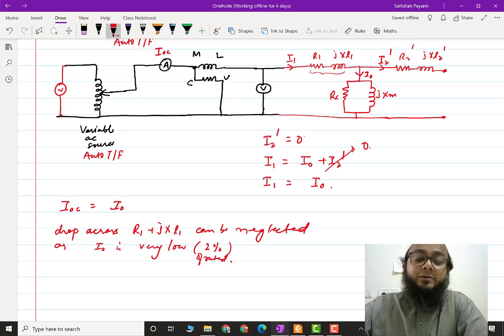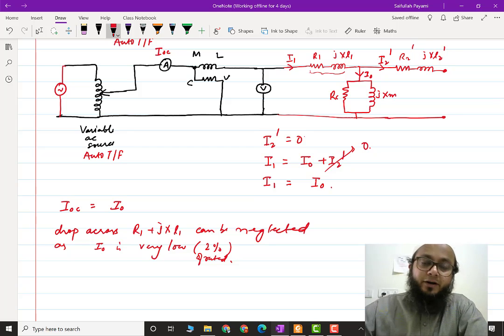And because of that, you can think of resistance, right? At the low voltage side, the voltage depends upon the number of turns. So for the low voltage side, the number of turns would be lower as compared to the high voltage side. Okay, so this R1 and jXL1 depend upon the number of turns. Resistance depends upon the length of the wire, and length of the wire depends upon the number of turns.